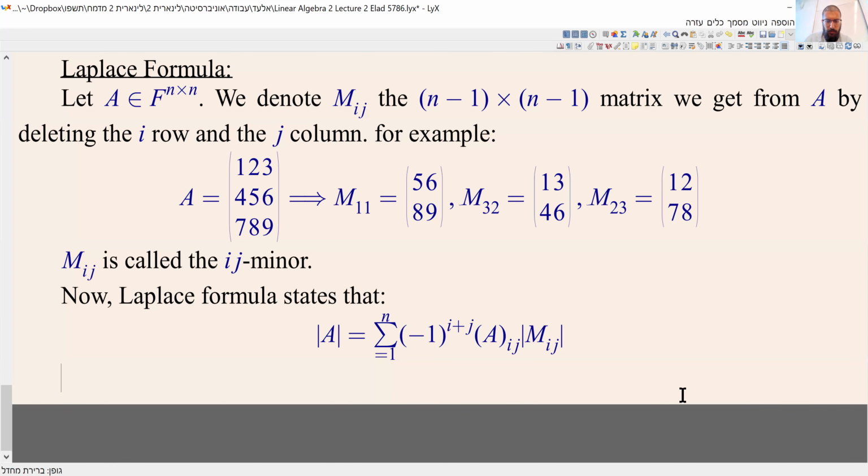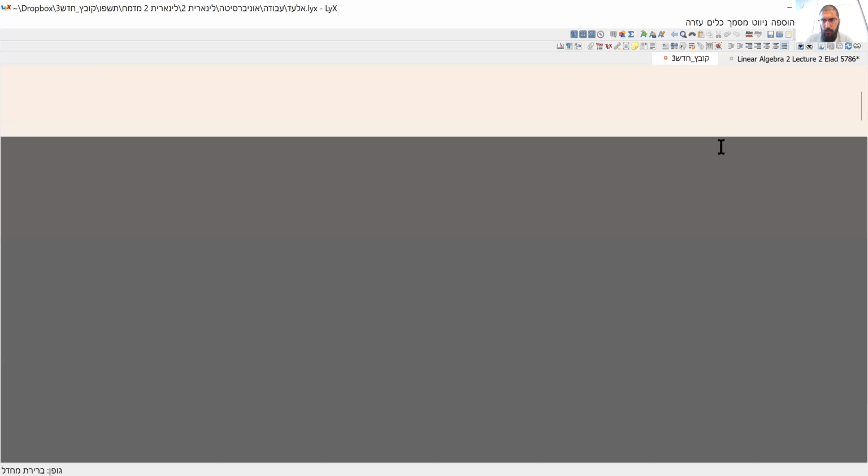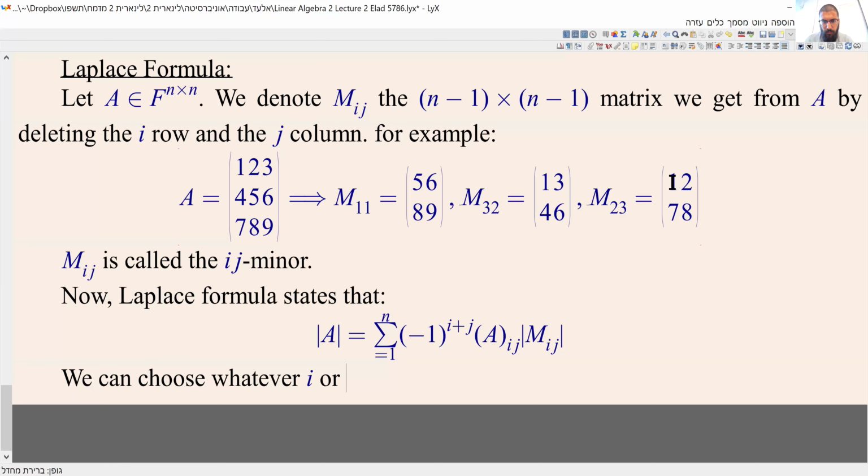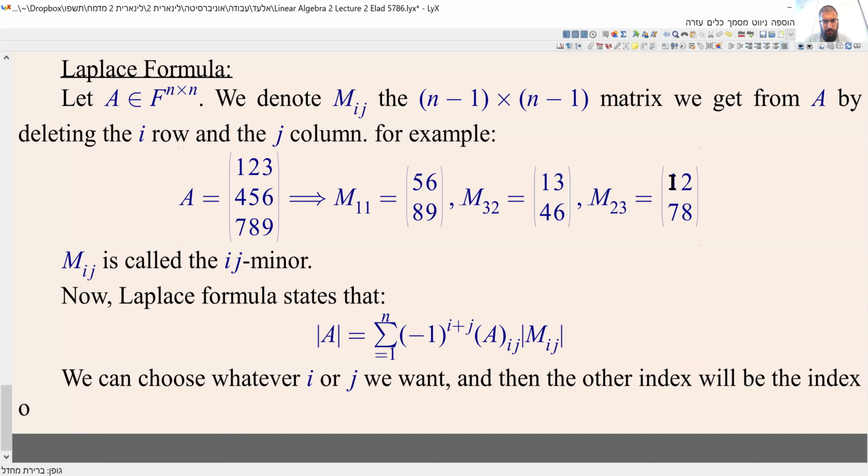So we can choose whatever i or j we want, and then the other index will be the index of the sum.